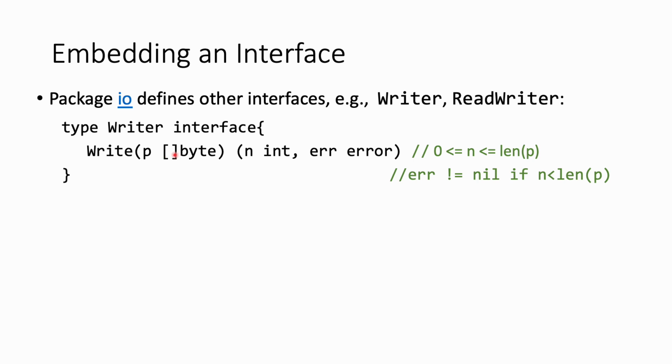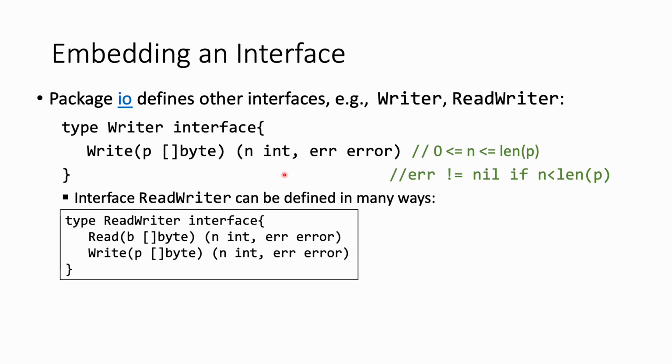It returns the number of bytes written from p, where the number of bytes written must be between 0 and length of p. It also returns any error encountered that caused the write to stop early. Method Write must return a non-nil error if the number of bytes written is less than length of p.